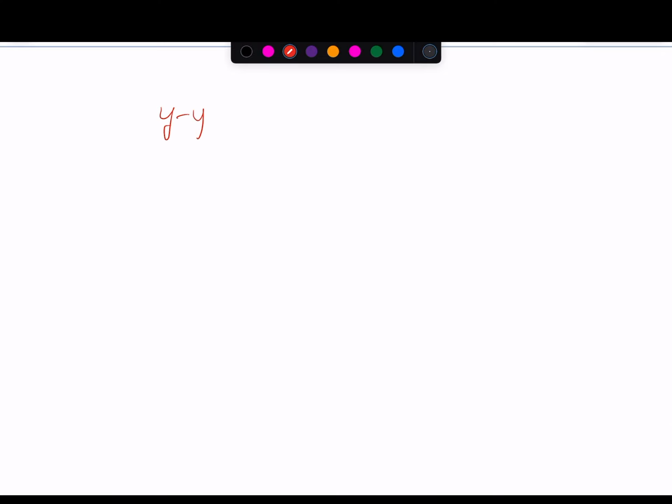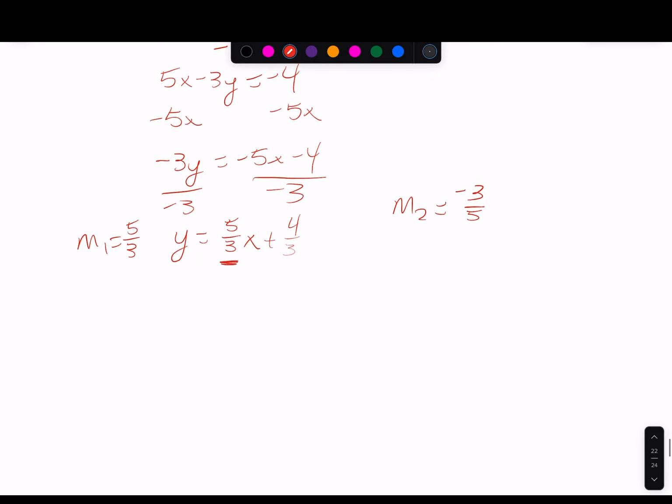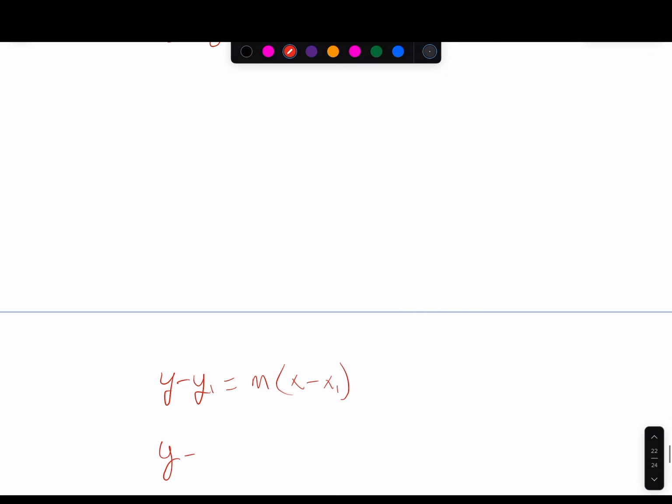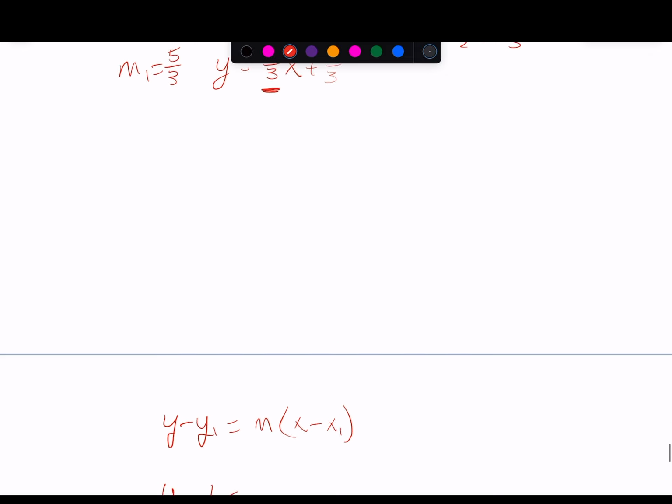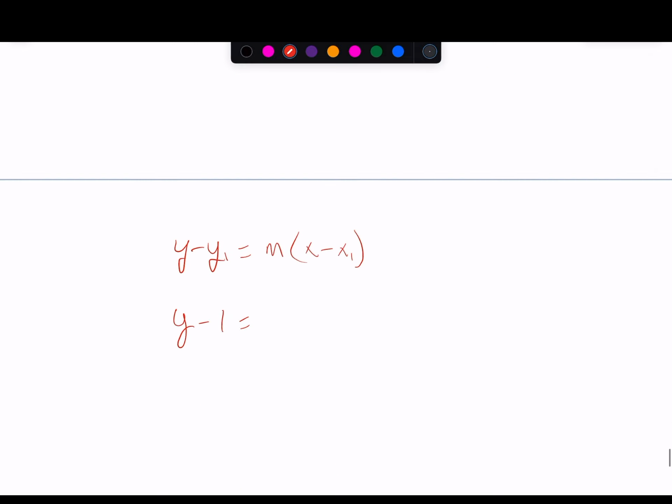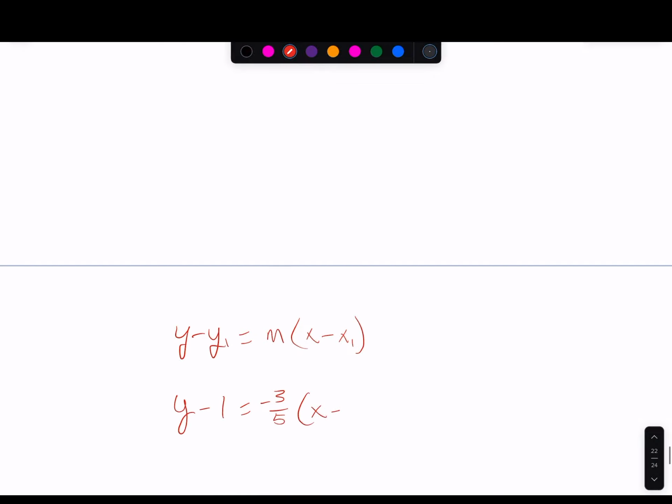Here's our point slope formula. y minus y1 is equal to m. In this case, it's m2, but we don't have to write that. x minus x1. So we have y minus, what's our y value? 1 is equal to our m value, which is negative 3/5, x minus a negative 4.